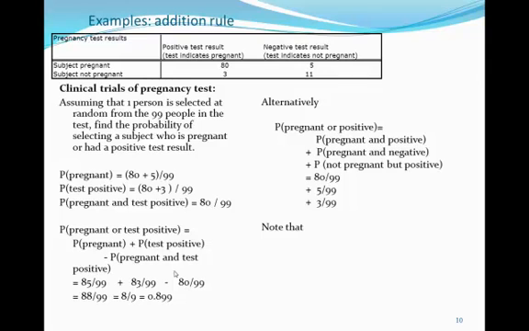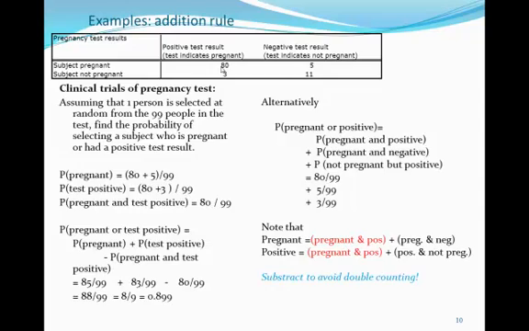Probability of pregnant or positive equals probability of pregnant and positive plus probability of pregnant and negative plus probability of not pregnant but positive. You end up with 80 over 99 plus 5 over 99 plus 3 over 99, which is the same result. So basically you need to subtract to avoid double counting. That's the key thing about the addition rule when they are joint events.